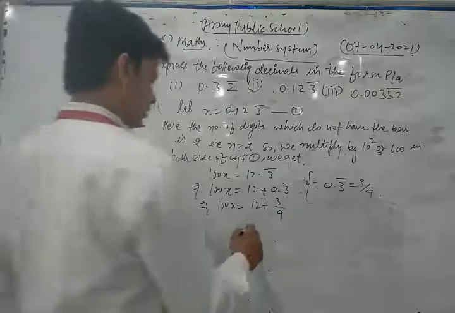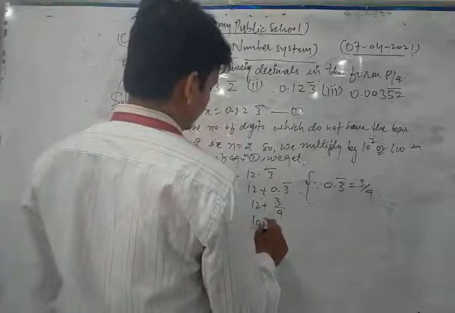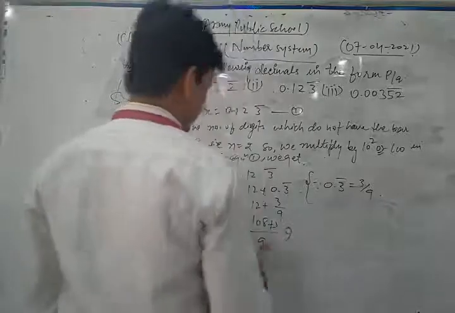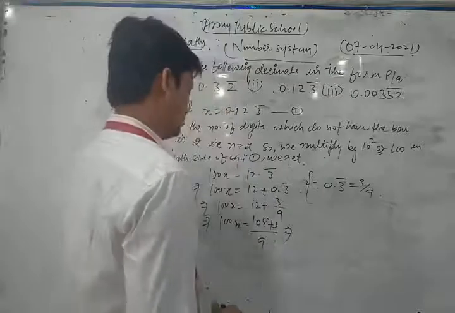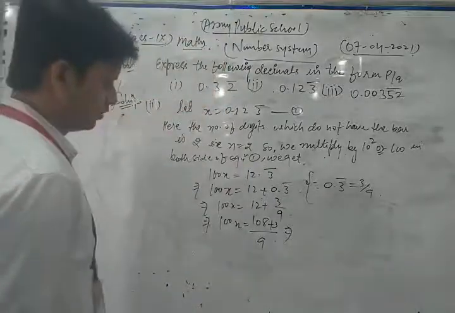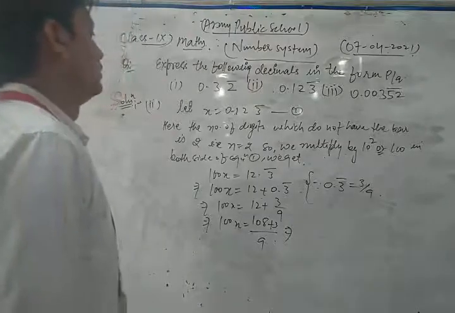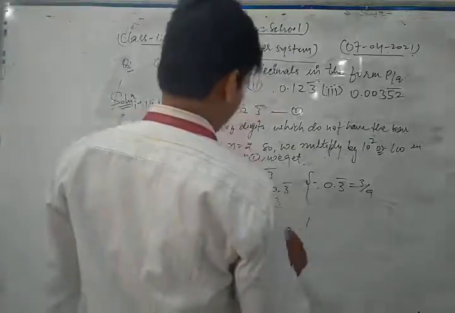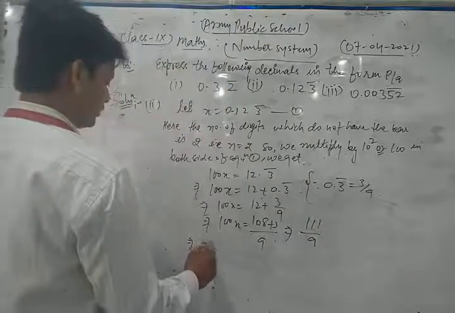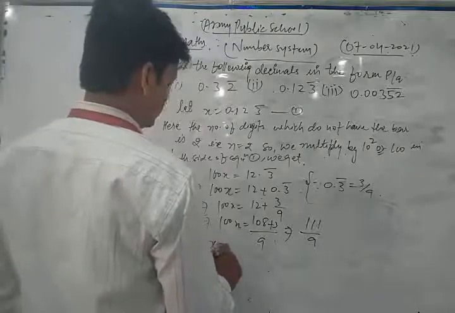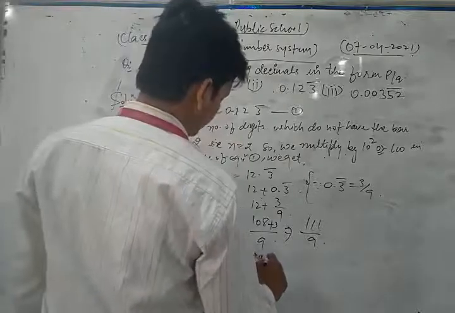So 100x is equal to 111 upon 9. Thus the value of x is 111 upon 900. This is the required solution of the given question.